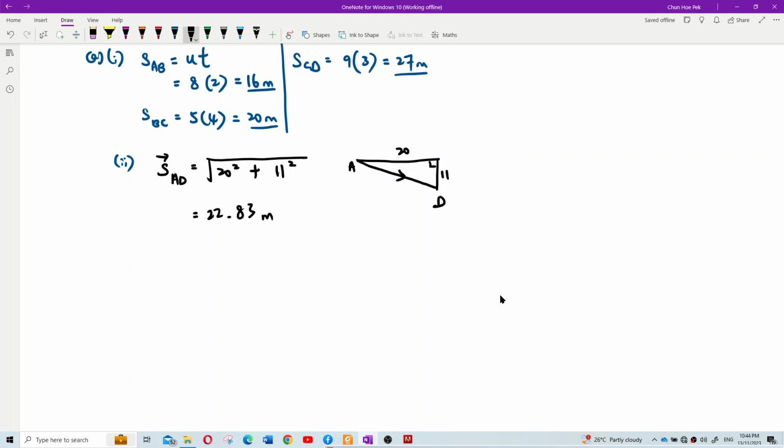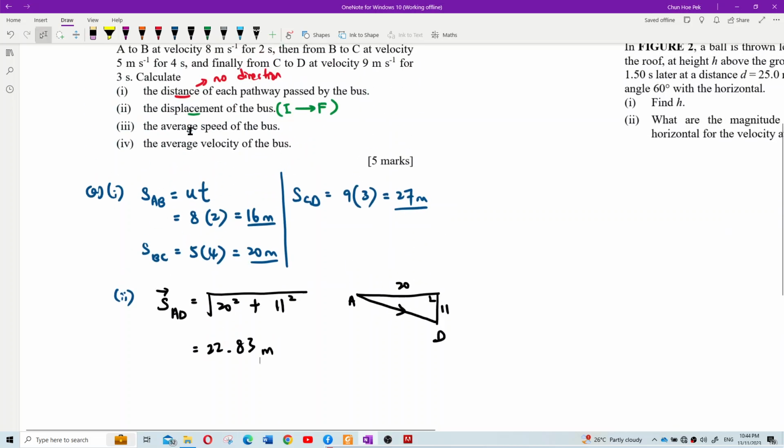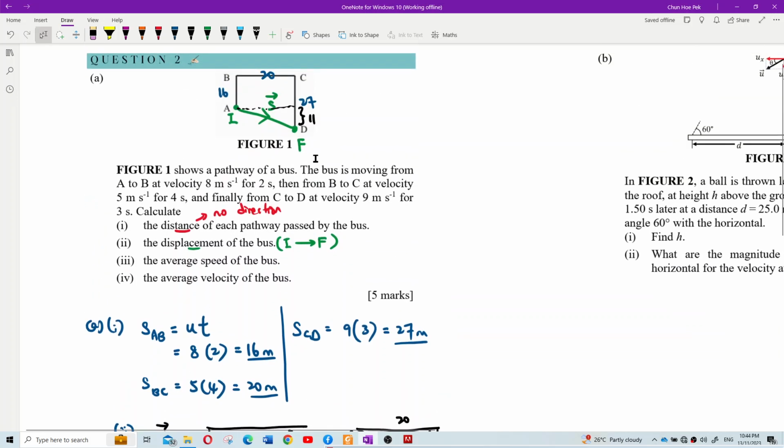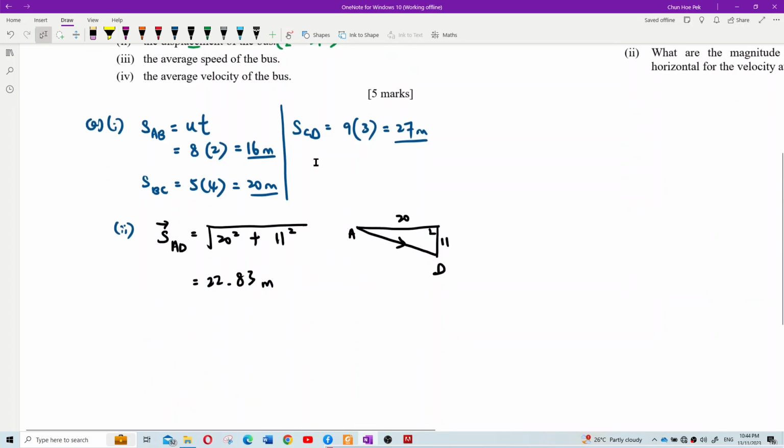Meter. But displacement you need to include direction. So what is the direction? You need to give at least the theta angle.